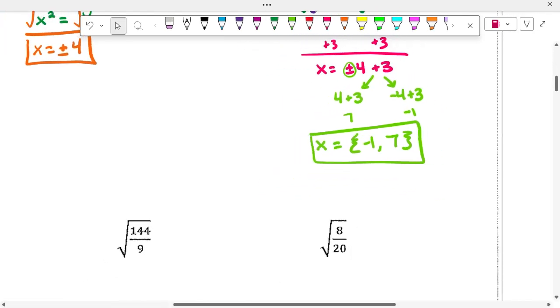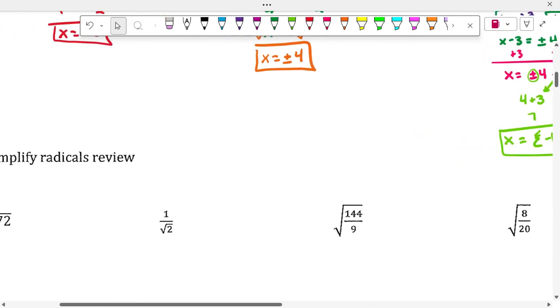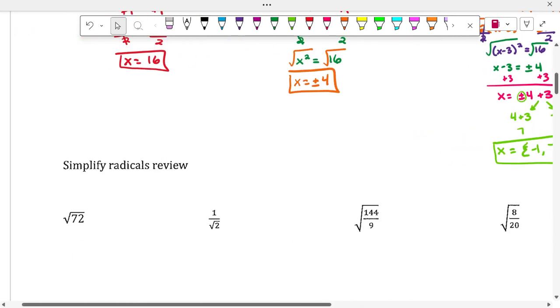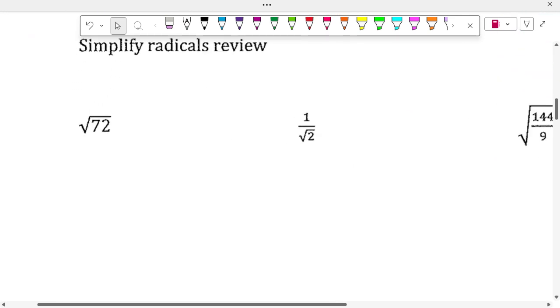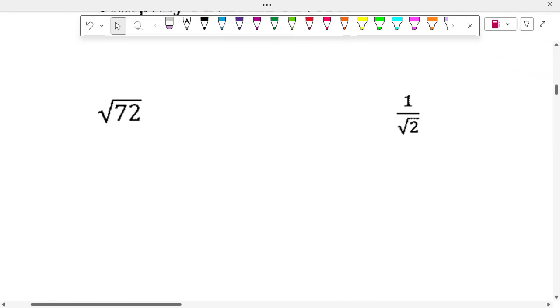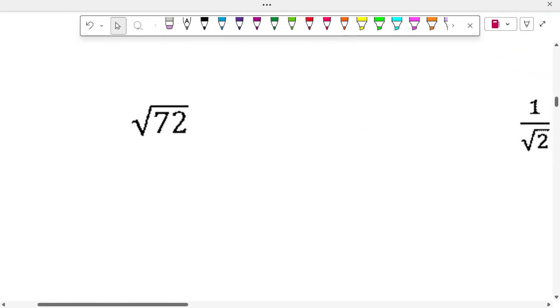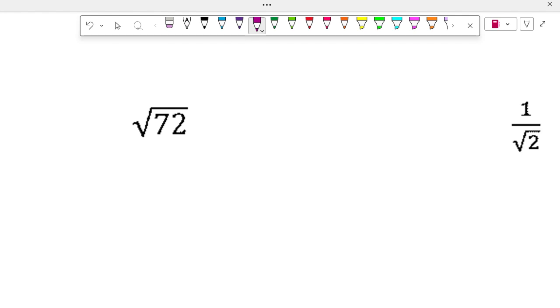All right? Now, before we get into anything deeper, let's review some radical stuff because we will be seeing this a lot today. We did touch on this yesterday. To simplify the square root of 72, what do I do first? I find 2 factors of 72, specifically the largest perfect square factor.